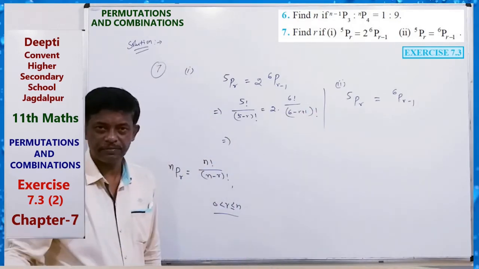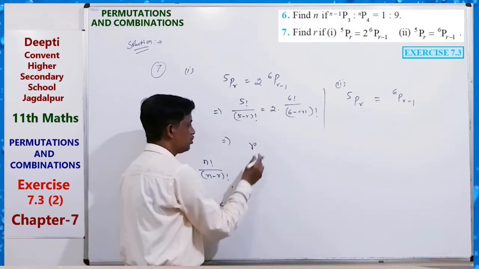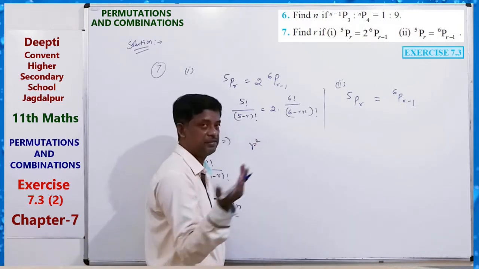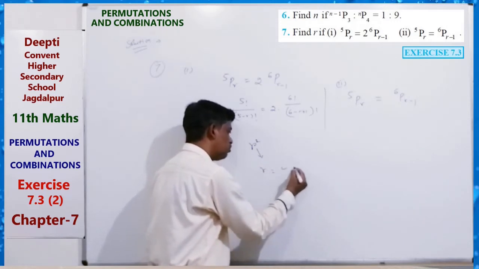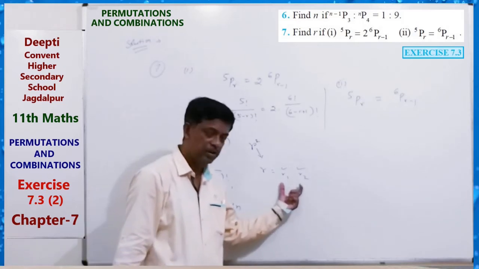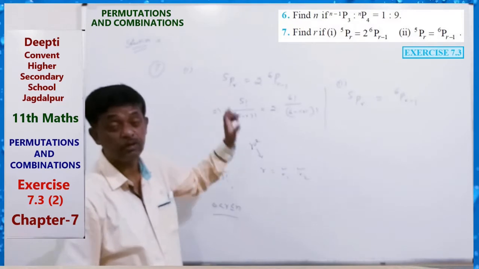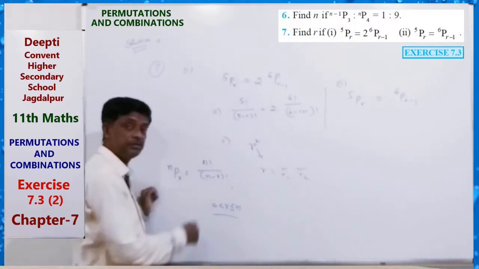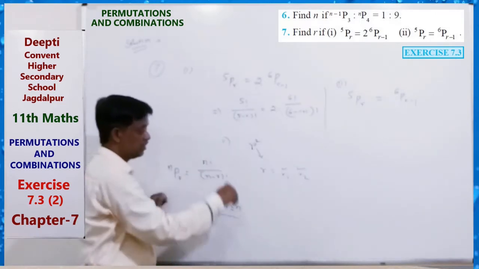After solving, maybe we get a quadratic equation in r. If we get a quadratic equation, then solve and find two values, r1 and r2. If a value is greater than 5, that will be cancelled out, because here r is less than or equal to n, so r is less than or equal to 5.